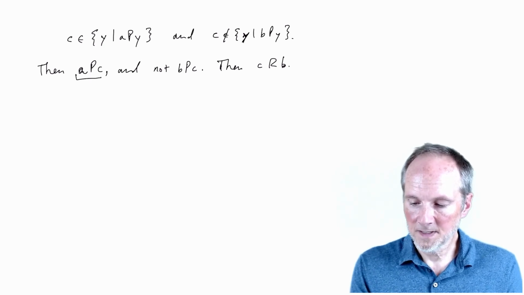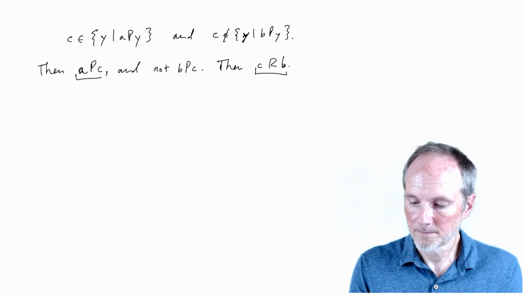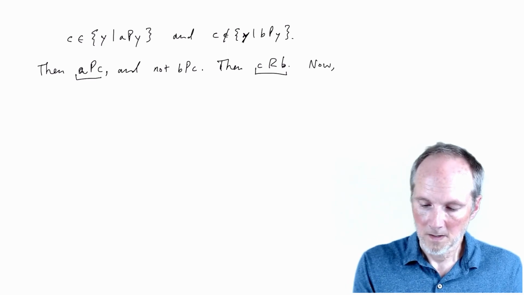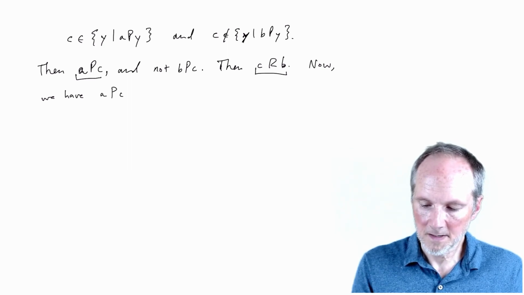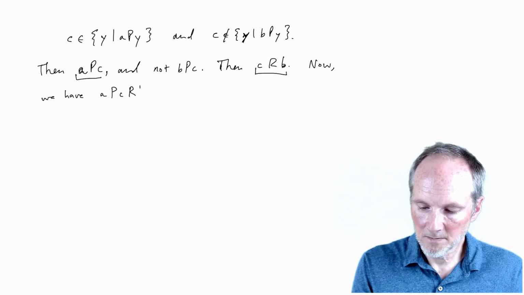Now let's hook these two things up here. So that means we have A strictly better than C, C at least as good as B.